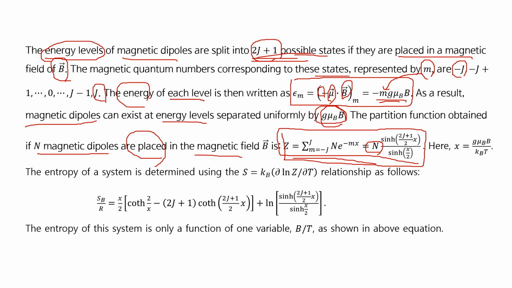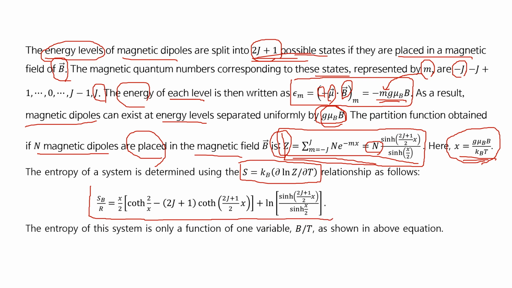Here x is represented by this quantity. The entropy of a system is determined using this partition function by this relationship. So we have the entropy of free magnetic dipoles in the magnetic field given by this equation.